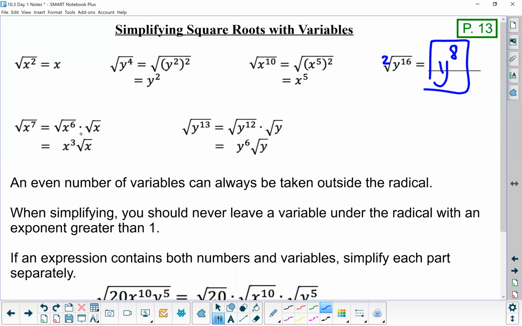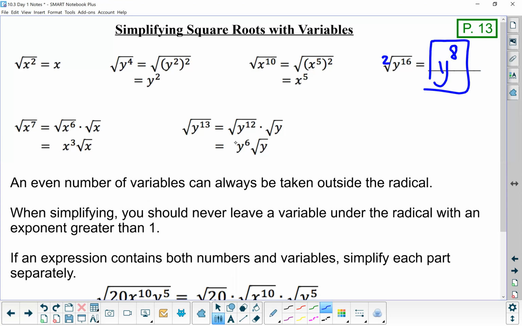This next example, the square root of y to the 13th. The largest even number that's less than 13 is 12. So we have a square root of y to the 12th times the square root of y. The square root of y to the 12th, 12 divided by 2 is 6.